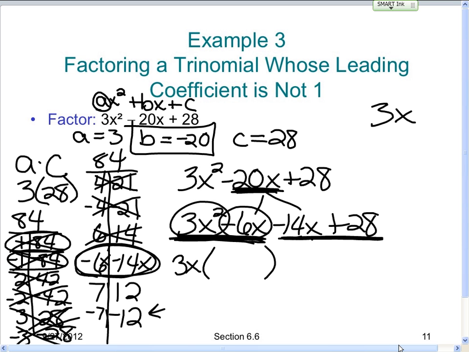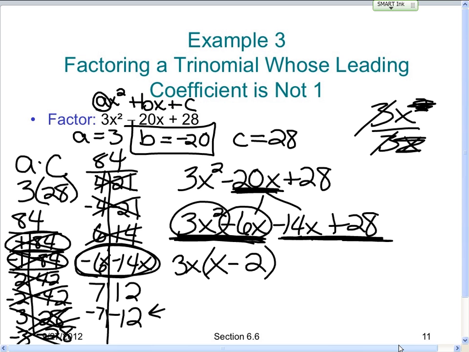I'm dividing 3x out of 3x squared. Well, I'm dividing the 3's out, and if I divide out the x, I'm left with x. And if I have negative 6x and divide out a positive 3x, I'm left with a negative 2.